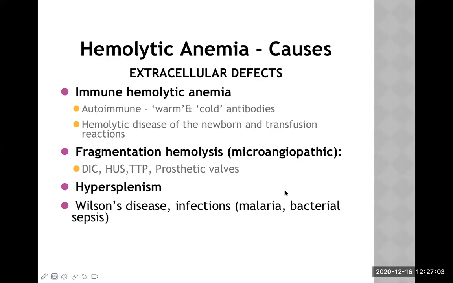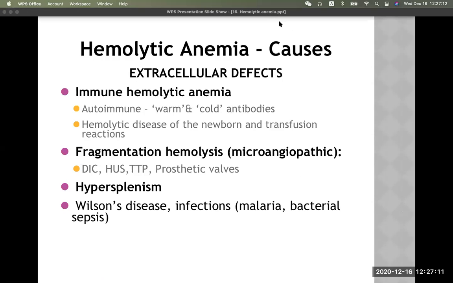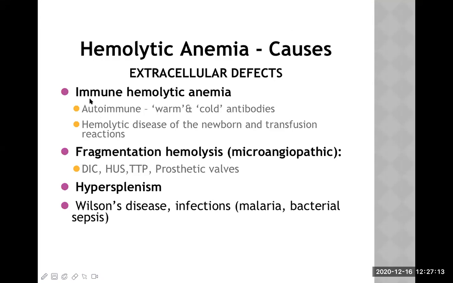Now, the second type of hemolytic anemia is because of extracellular defect. Now see there, what are those? Immune hemolytic anemia. They are either autoimmune, or because of hemolytic disease of the newborn or transfusion reaction.